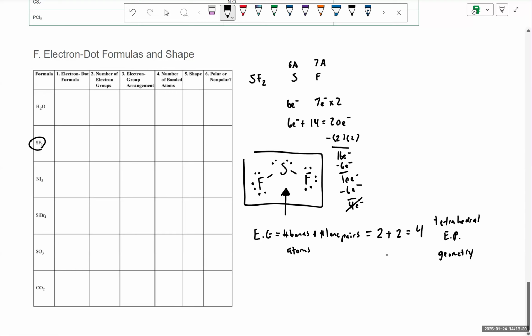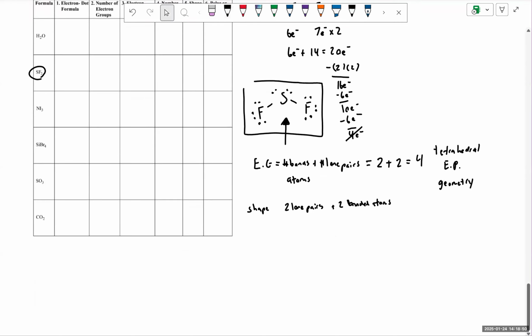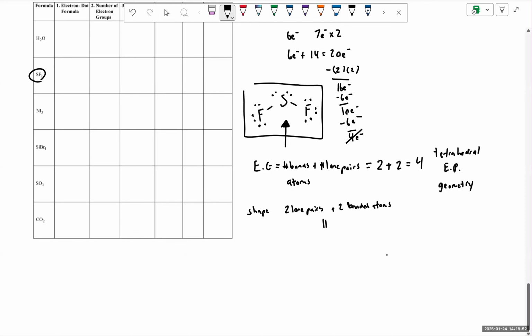Now, in terms of the shape, we see that we have 2 lone pairs and we have 2 bonded atoms. When you have two lone pairs and two bonded atoms, this tells us we have a bent geometry.